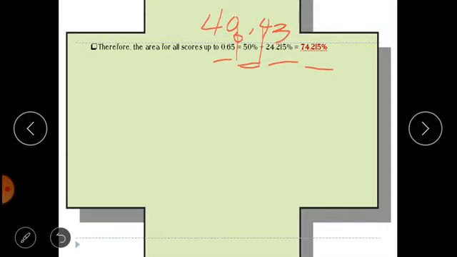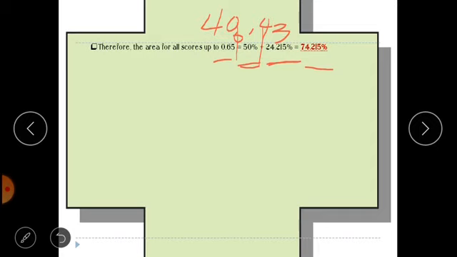So, dinivide natin ng 2 kasi kukunin natin yung half niya, naging 24.215%. Ngayon, i-add natin siya para makuha yung buong score nung standard score ng 0.65. So, 50 plus 24.215 is equal to 74.